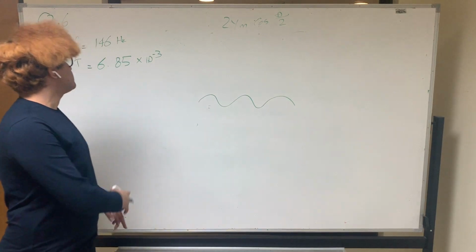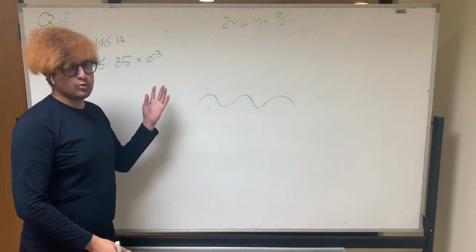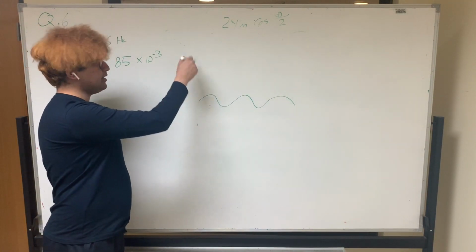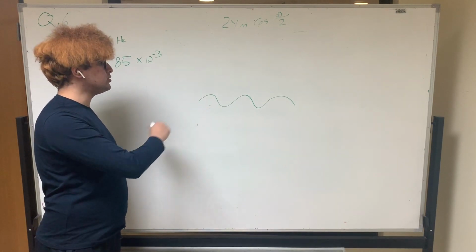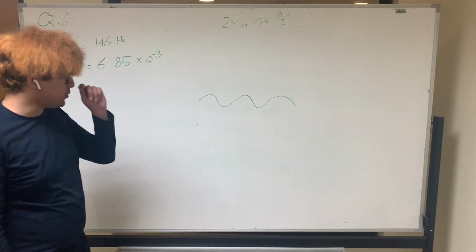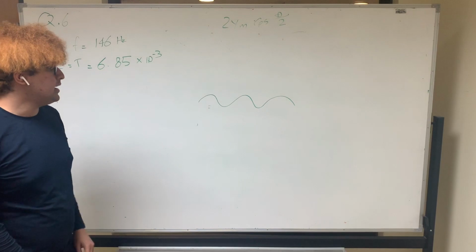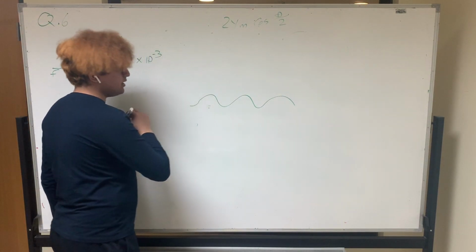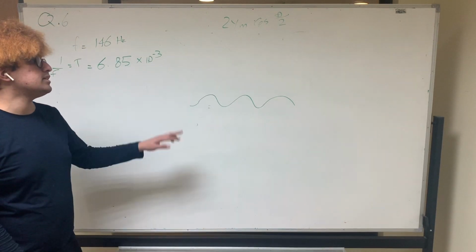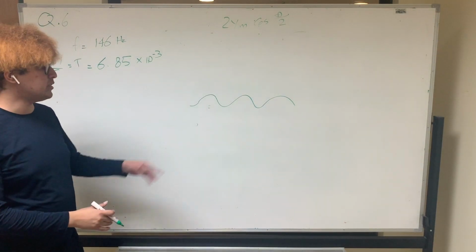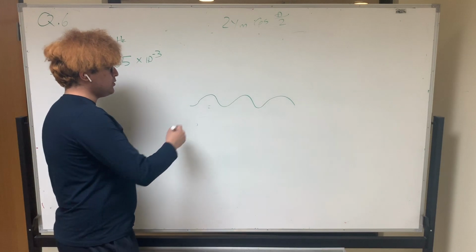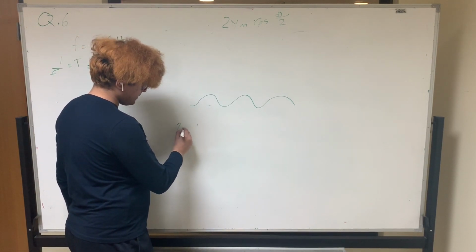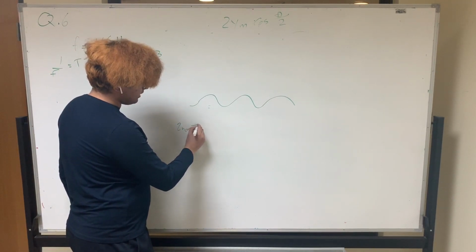So the problem is asking, after what time should we drop another second stone in order to produce destructive interference with this first wave? So when we say destructive interference, it means that we need a wave that is completely out of phase with our first wave. So the second wave should be something like this.